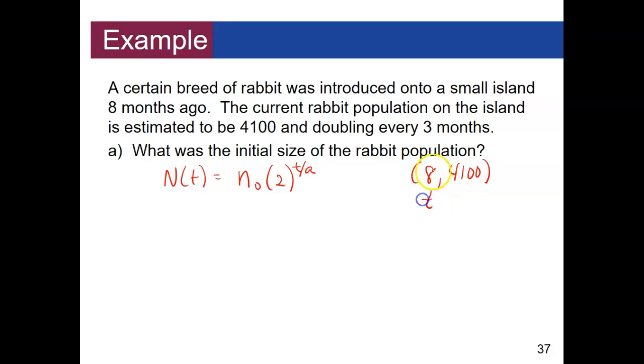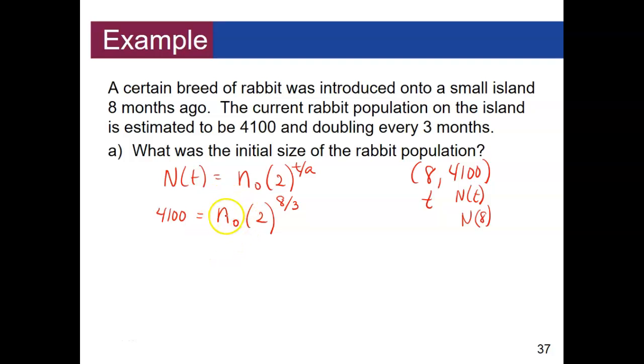So for time 8, the number of rabbits is 4,100. So 4,100 is our N of 8. This is the amount after a given time. So the amount after 8 months is 4,100. We don't know our starting value. We know the time because it's 8 months that has elapsed, and it doubles every 3 months. So we put 3 in for the a.